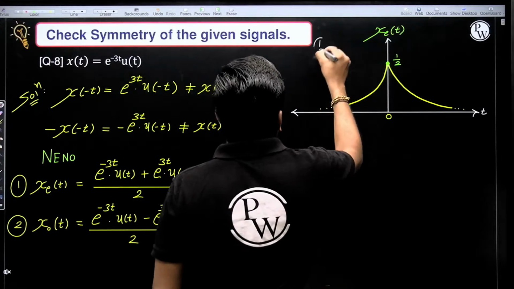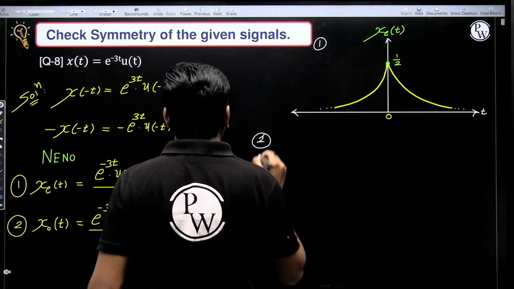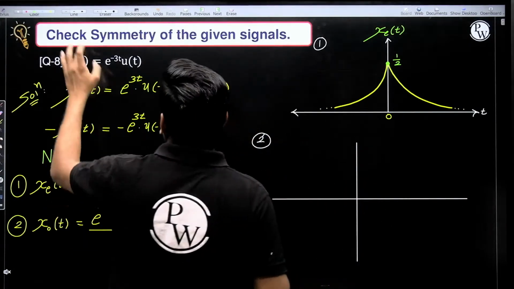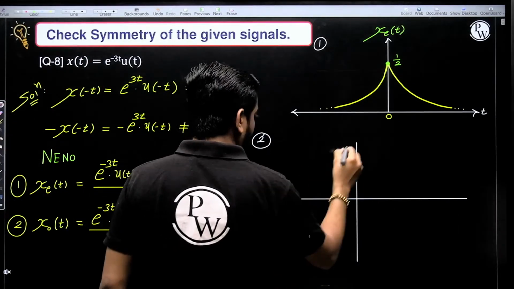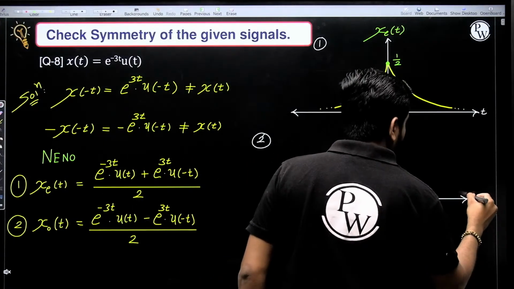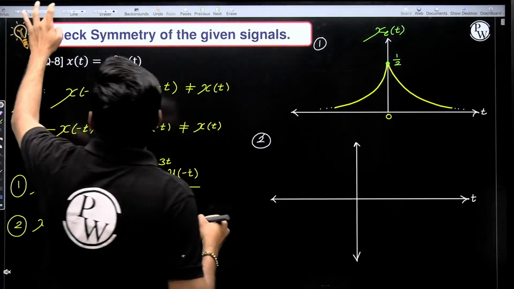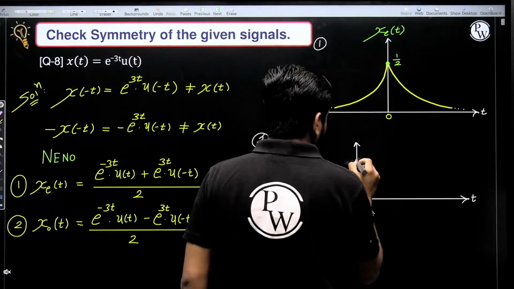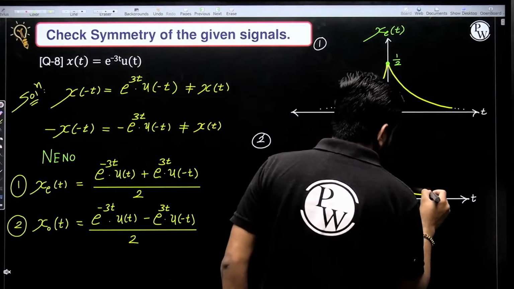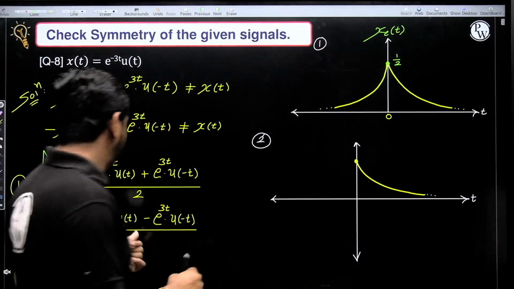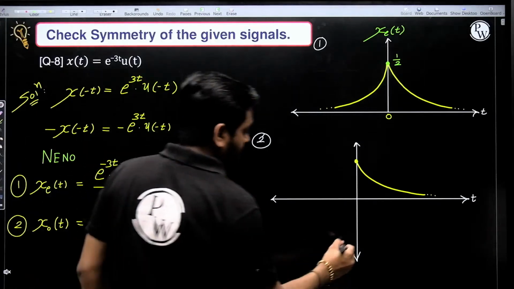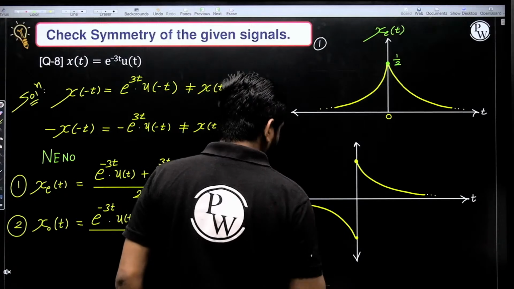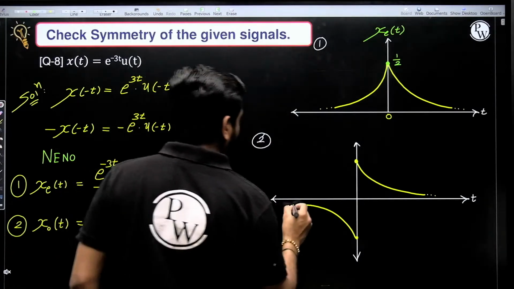First, the even part. Second, the odd part. How to draw the odd part? On the right side, this is e power minus 3t u of t, the exponential decreasing with positive amplitude like this, and here minus e power 3t into u of minus t, it will be like this.